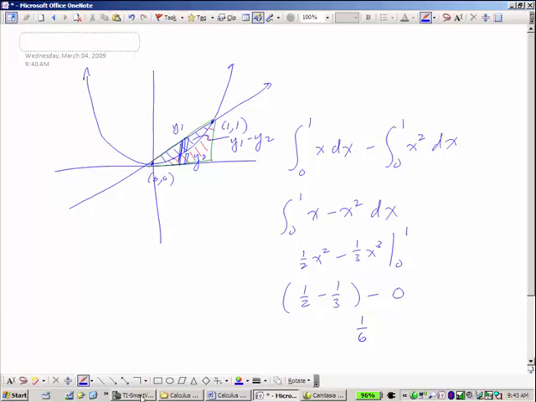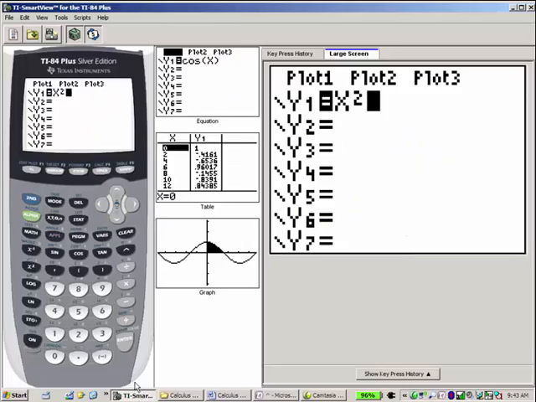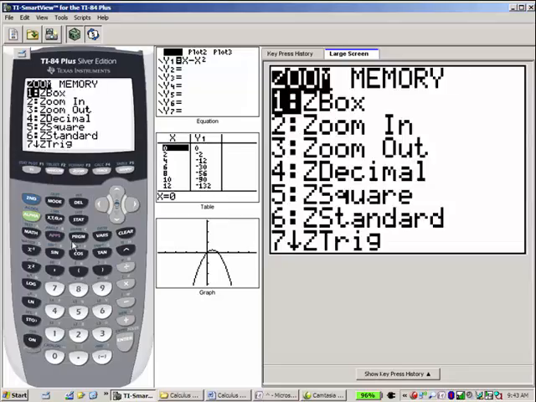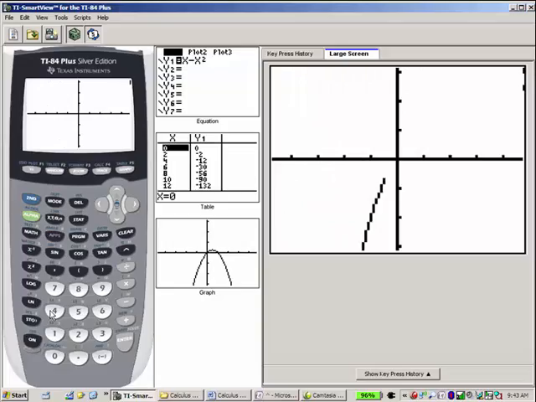And then I want to show you that Alicia's thought about doing it on the calculator is actually going to do the same thing. If I do x minus x squared, and I'm going to go, I think, zoom decimal. Ooh, I can actually do better.